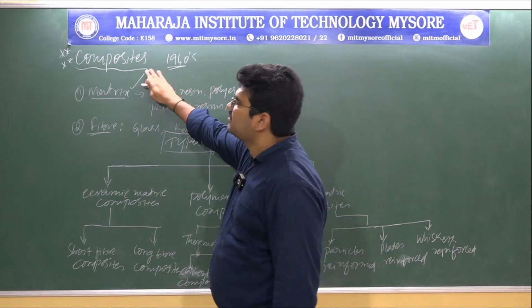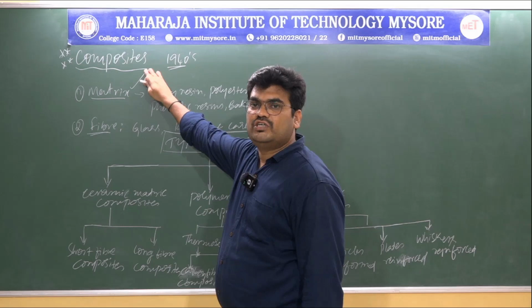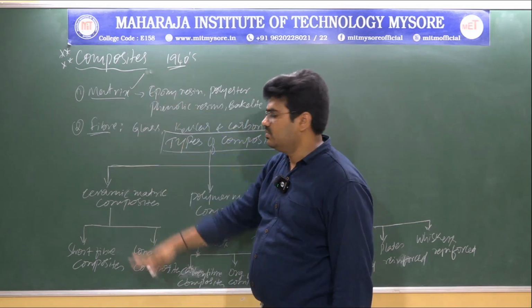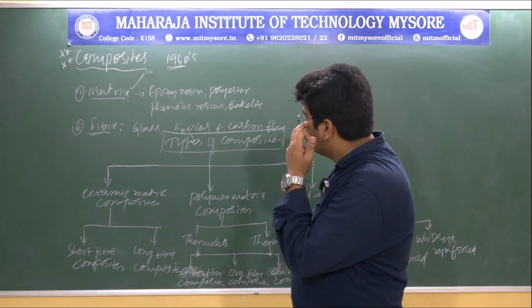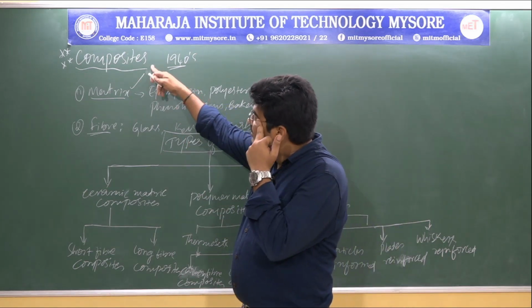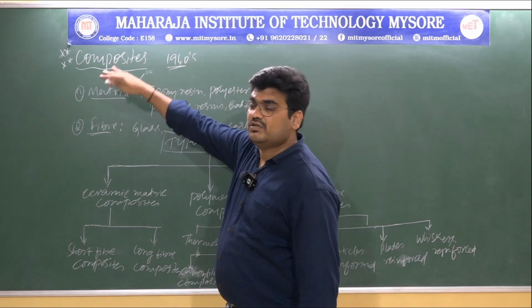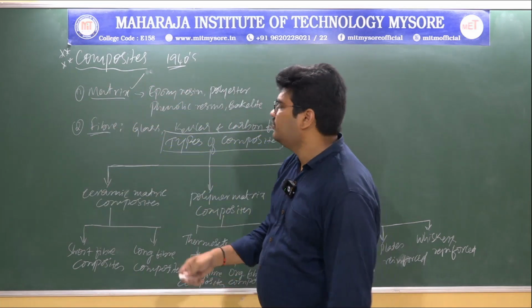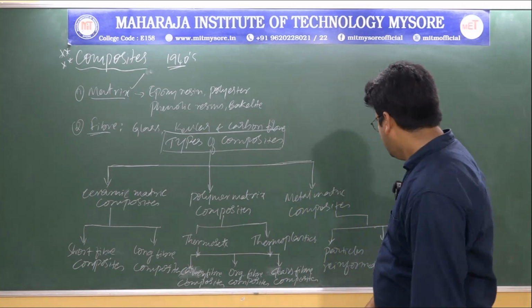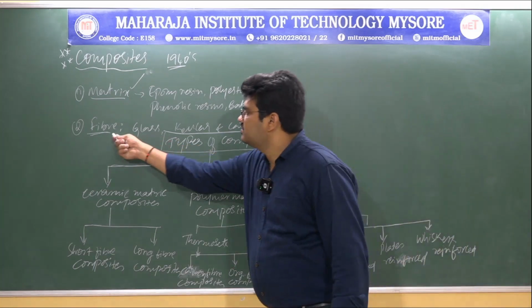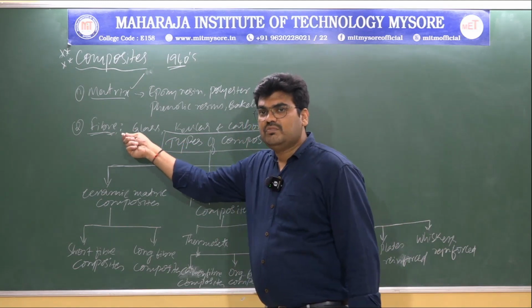Composites are a combination of two or more distinct components in order to form a new class of materials which are suitable for structural applications, right? Once a composite is formed, it is going to exhibit excellent properties compared to the matrix alone as well as the fiber alone. This is the beauty of these composite materials. Here I have given the example for polymer composites.